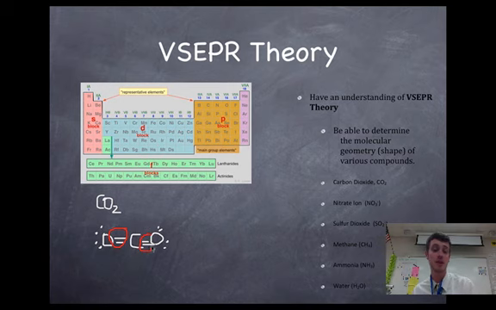Electron dense regions are where you have an atom bonded to that central atom, as I have here and here, or if I have lone pairs, which I'll show on a future example. But if you have two regions, like in this case, it's always going to be linear.